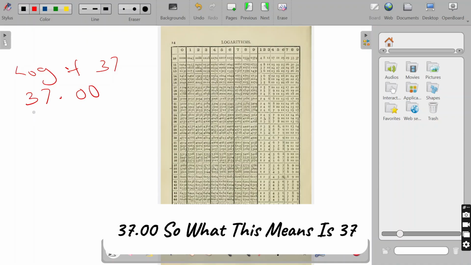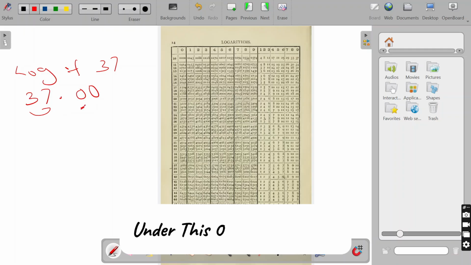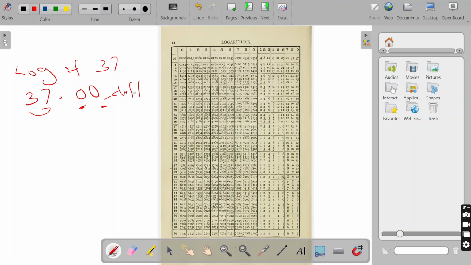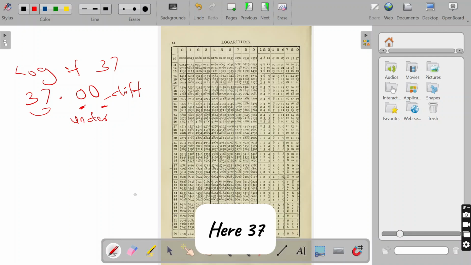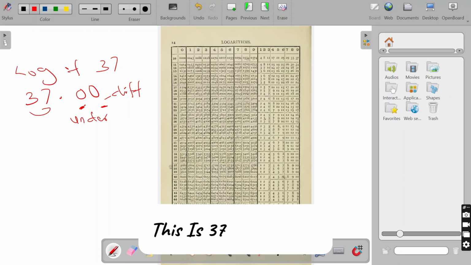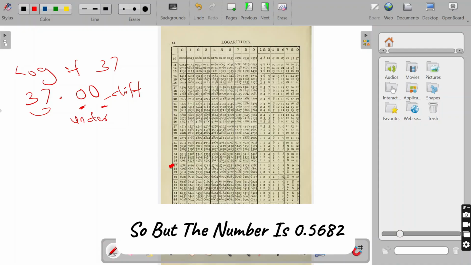What this means is 37 under 0, under this 0, and difference 0. This one is difference, and this is where we call the under. 37 under 0 difference 0. So you look in here, 37. This is 37 under 0 is 5682. So the number is 0.5682.